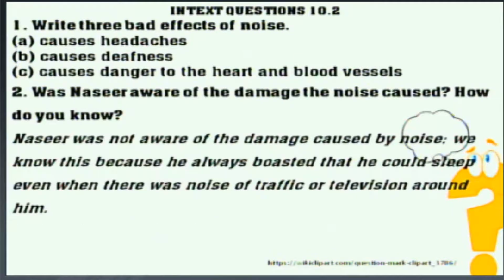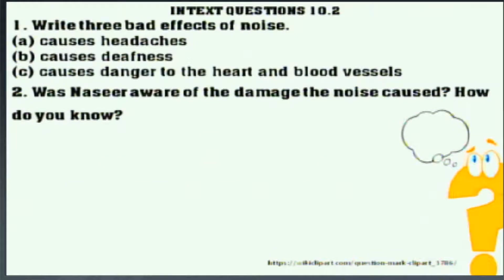So next, was Nasir aware of the damage caused by the noise? How do you know? We have read in the first part, the example of Nasir, who was not aware of the damage caused by the noise. He used to say, okay, I can tolerate any sound, I can sleep soundly in any noise, it doesn't disturb me.